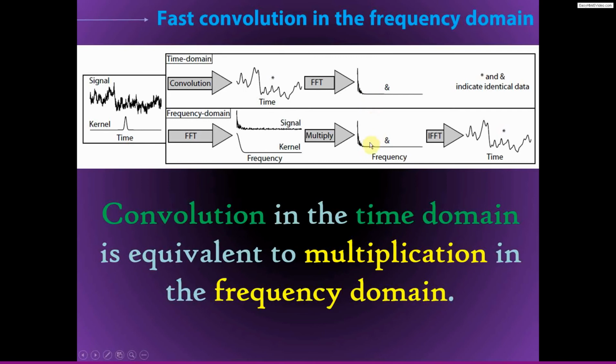Furthermore, this also means we can take the inverse Fourier transform of this frequency spectrum, which is just the multiplication of these two, to go back to the time domain, and this will give us a time domain signal that is exactly numerically identical to this time domain signal, and this was the result of computing the convolution between the signal and the kernel.